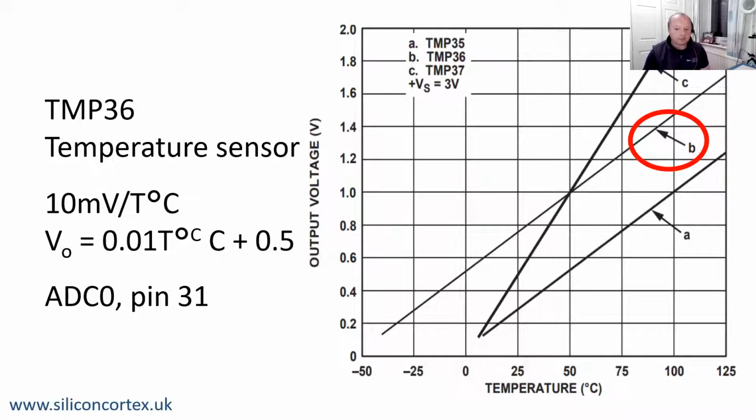And as you can see there, the temperature has a gradient of 10 millivolts per degree C. And this particular one we've got here starts at 0.5 volt, and for every temperature rise, it's 0.01 volt. So this sensor will go up to about 750 millivolts.